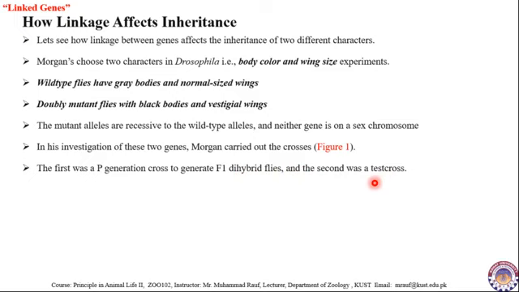The first cross was a parental generation cross where the gray bodied and normal sized winged Drosophila were crossed with doubly mutant flies, and the F1 hybrids which he yielded were not crossed with each other, but they were crossed with the recessive parent. It was a test cross. Test cross is the cross between F1 hybrids and the homozygous recessive parent.